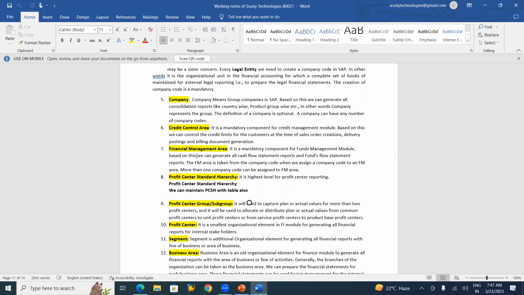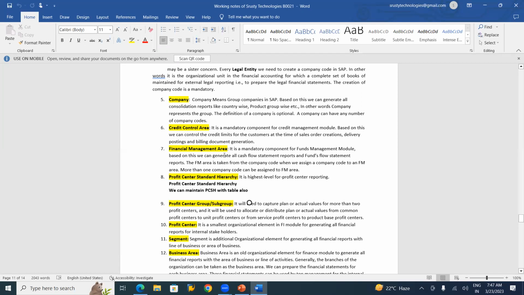Any questions? Yeah, just a question, Naveen. The controlling area and function area, would there be 1:n or 1:1 or something like that? Controlling area, we have 1:n and 1:1, right? Correct. But for FM area, do we have similar criteria as controlling?